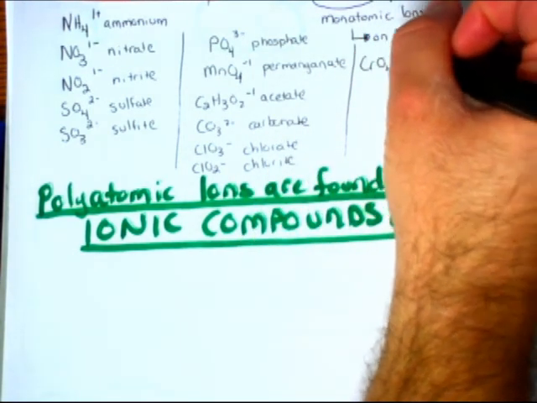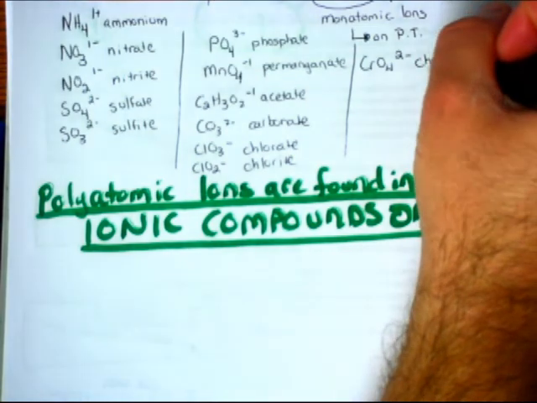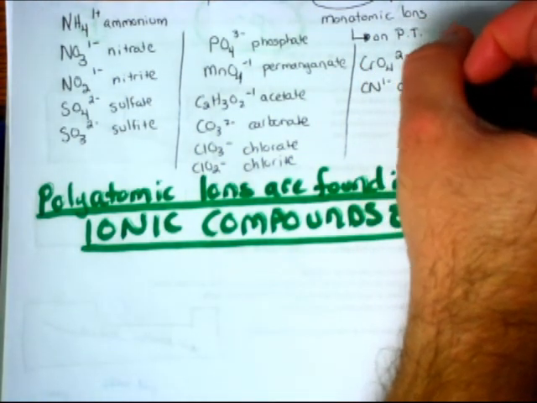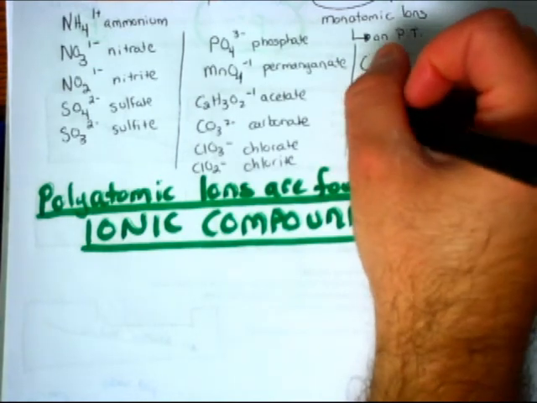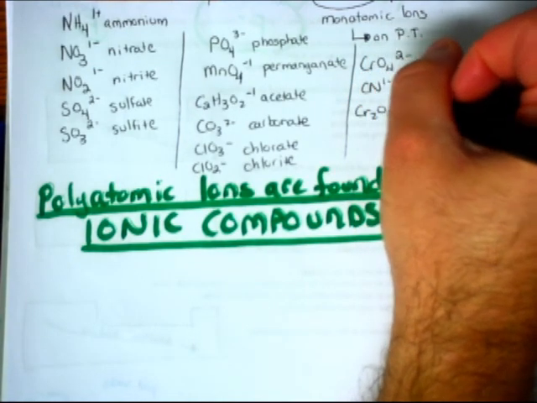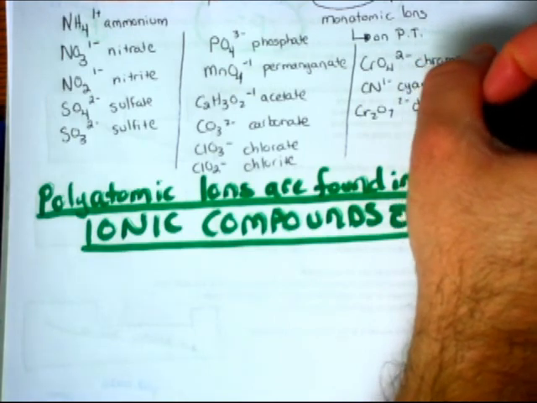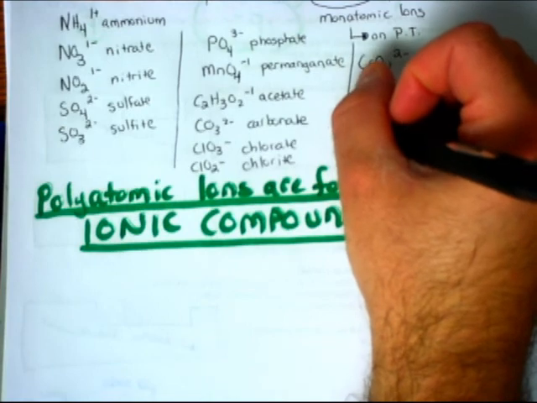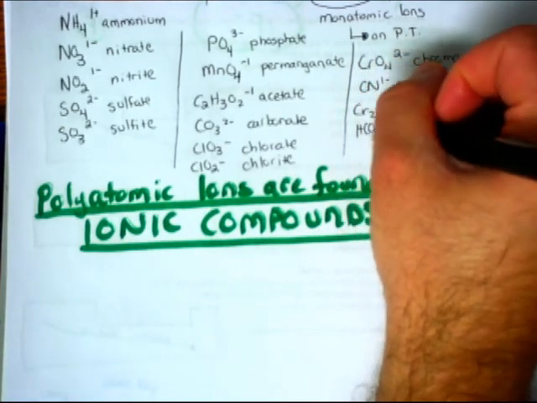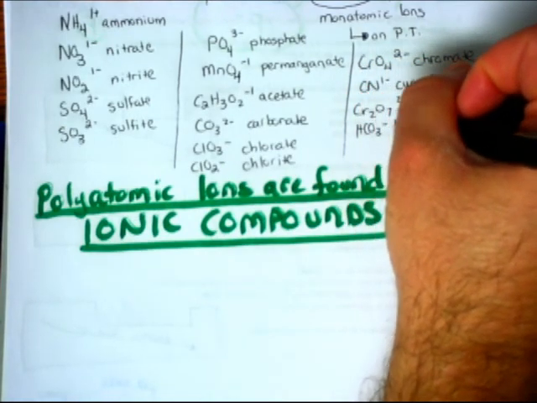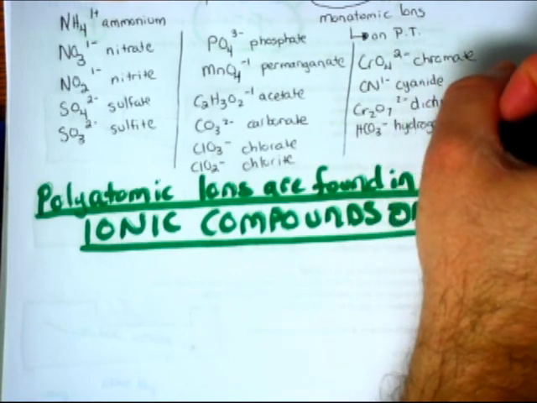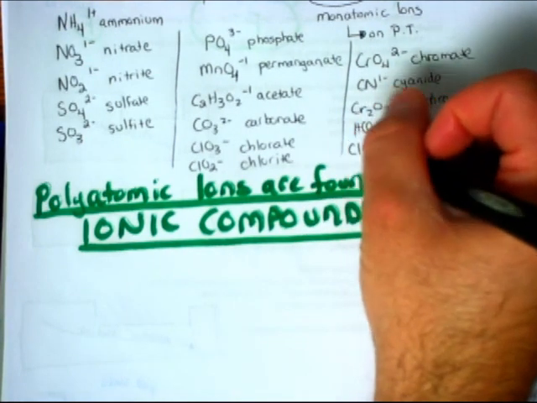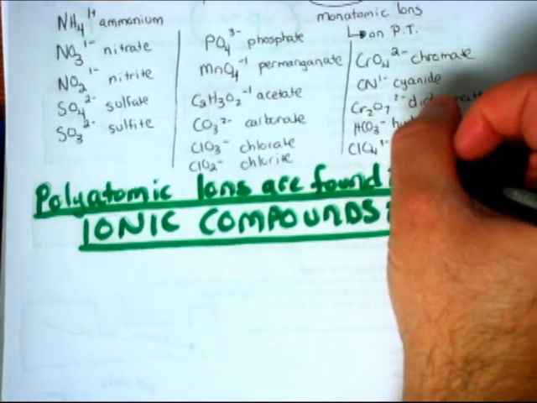CrO4 with a 2- is chromate. CN1- is cyanide. Cr2O7 2- is dichromate. HCO3- is hydrogen carbonate. ClO4-1 is called perchlorate.